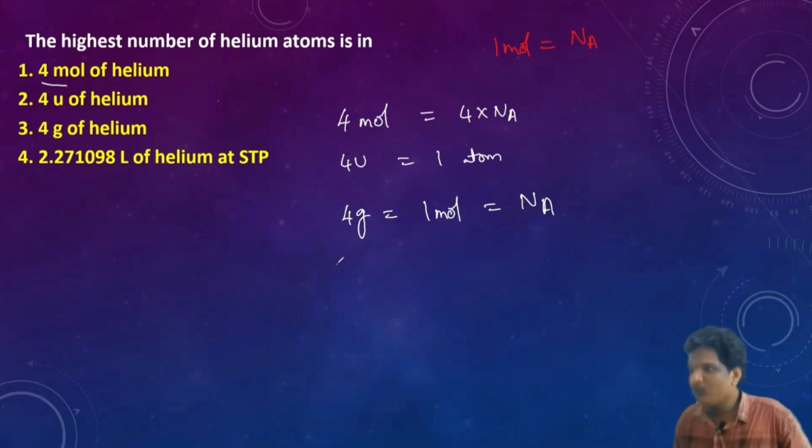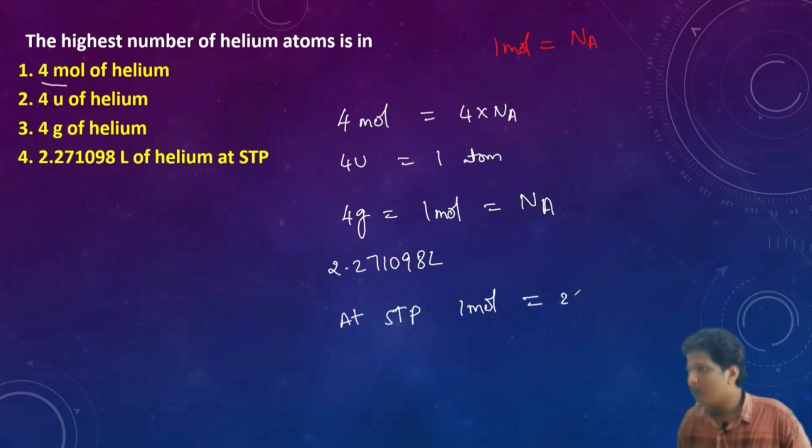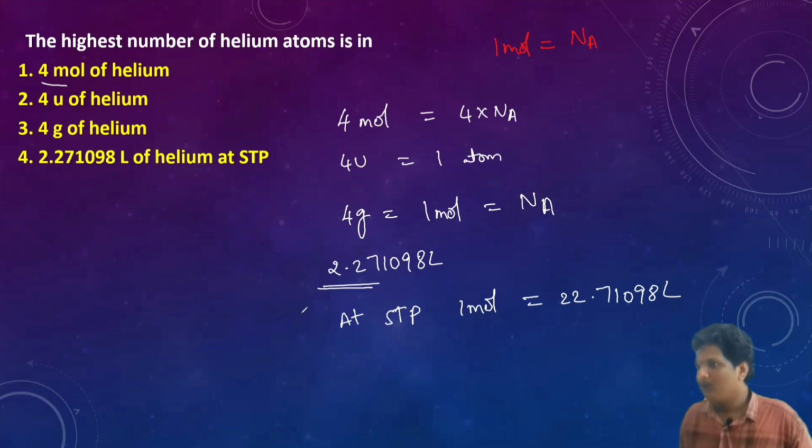As we know, at STP condition, 1 mole equals 22.711098 liters. Here they have given 2.271098 liters.